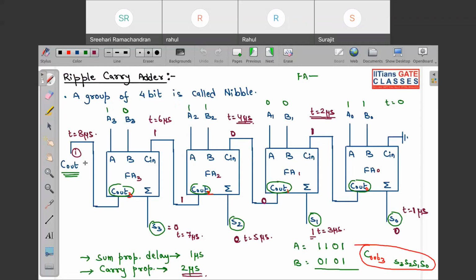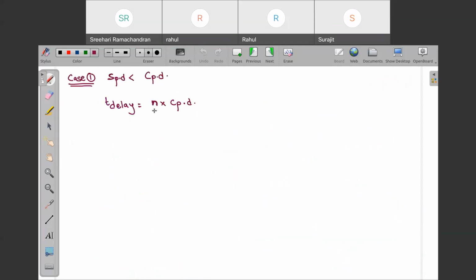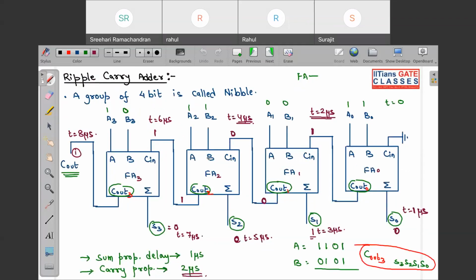So if I want to calculate this directly, here n means the number of full adders. The number of full adders is 4, and the carry propagation delay is 2 microseconds, so 8 microseconds. After 8 microseconds, the complete output will be available.